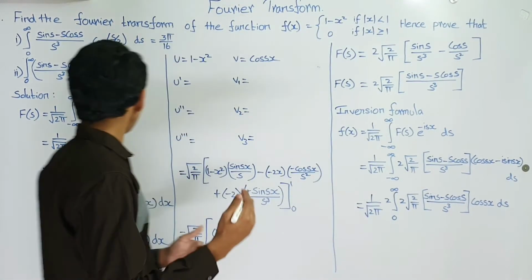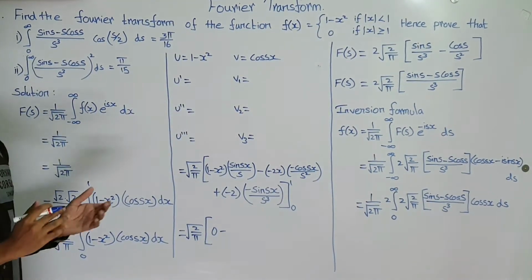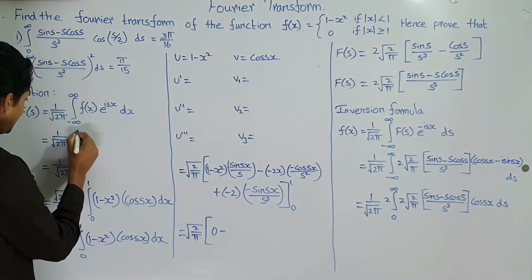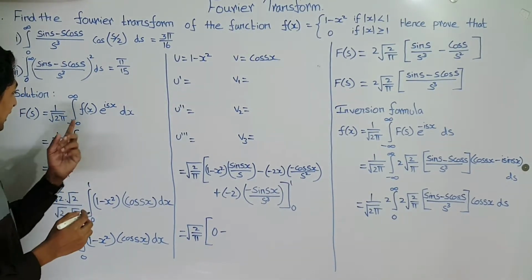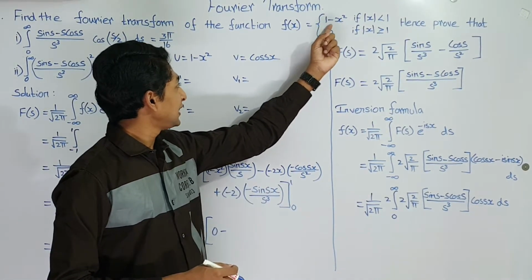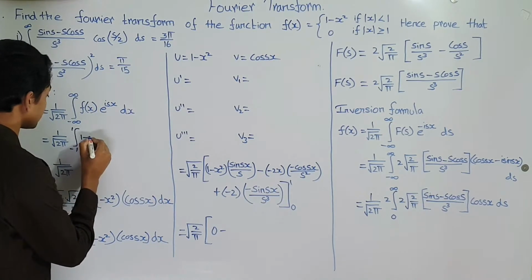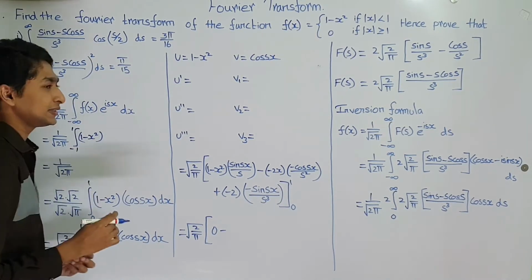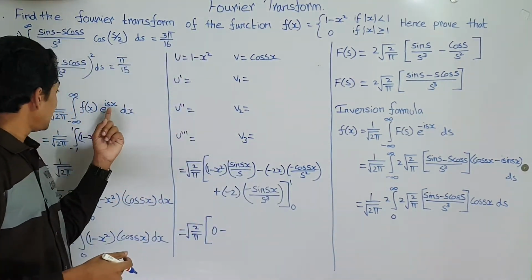Now we apply it. So 1 divided by root of 2 pi, integral with limits minus 1 to 1, and f of x is 1 minus x square, and e power i s x.